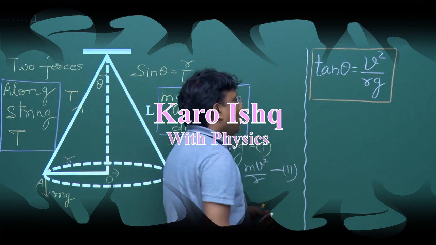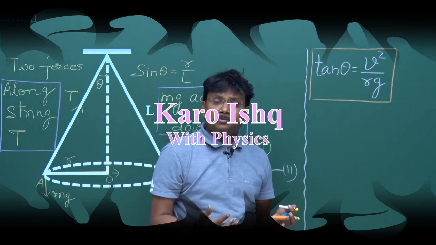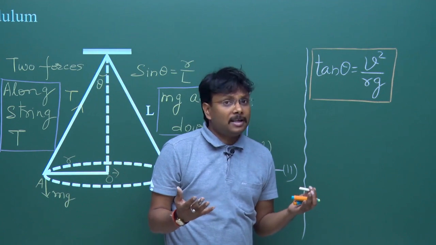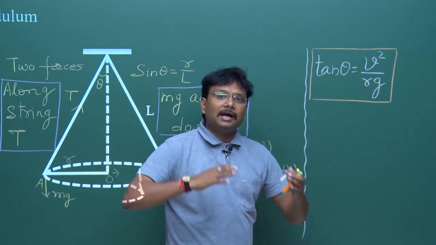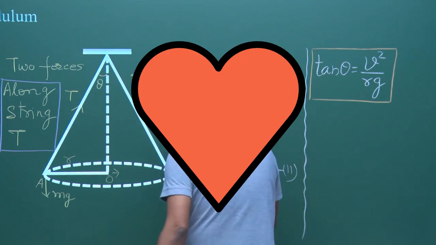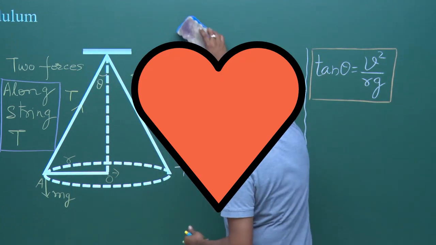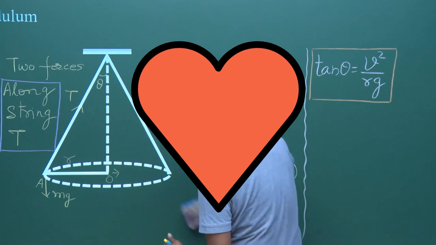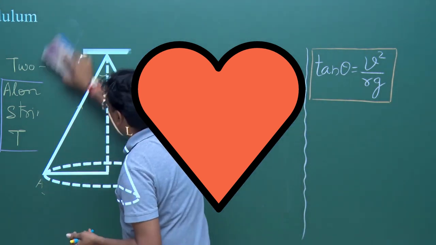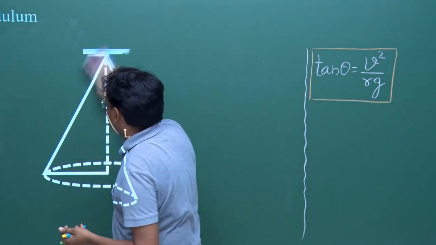Now one may say that someone requires a specific relation to find the velocity or tension. That relation, rather than deriving, I am going to mention directly. Please allow me to erase this portion so that I can mention those relations for velocity and tension.